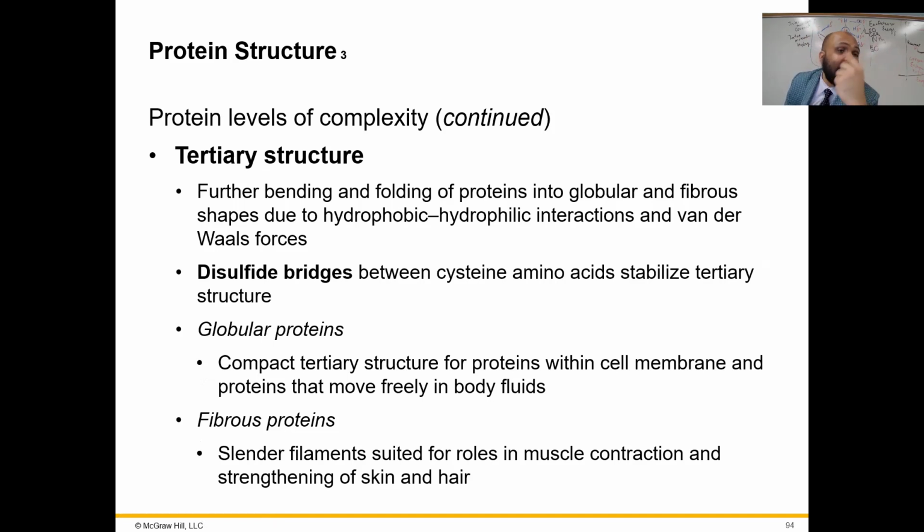Then the rolling is not enough. They start folding upon themselves even more to get a tertiary structure, like myoglobin, the protein that is responsible for carrying oxygen in the muscle. Then you have a quaternary structure. That is when you fold even more and you join structures together, like hemoglobin. It has 4 subunits, 2 alpha and 2 beta.